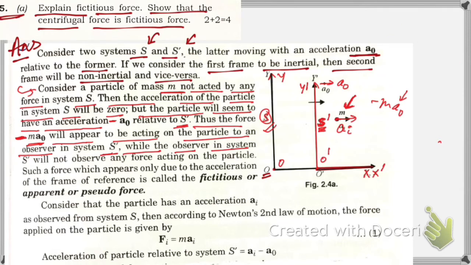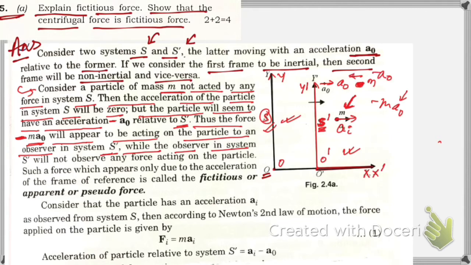So while an observer will observe from this system S dash, he will see that this particle of mass m, which is at rest with respect to this system, is moving with acceleration minus a naught.